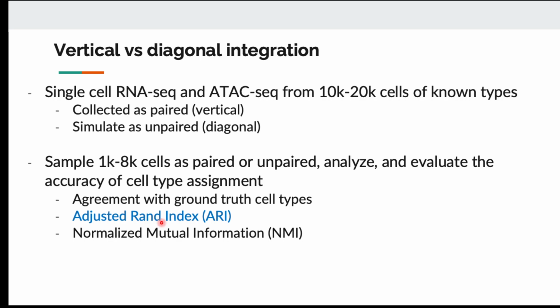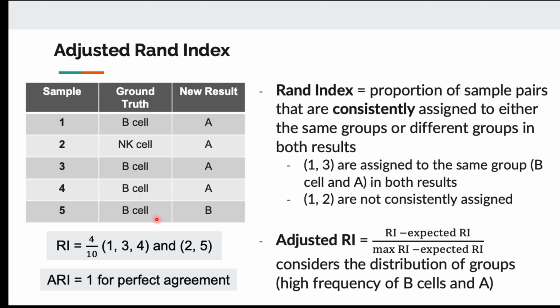And one of the ways that you can compare if two systems of classifying cells are agreeing or disagreeing with each other is called the adjusted Rand index. Just to show you the concept, for example, let's say we have 5 cells.